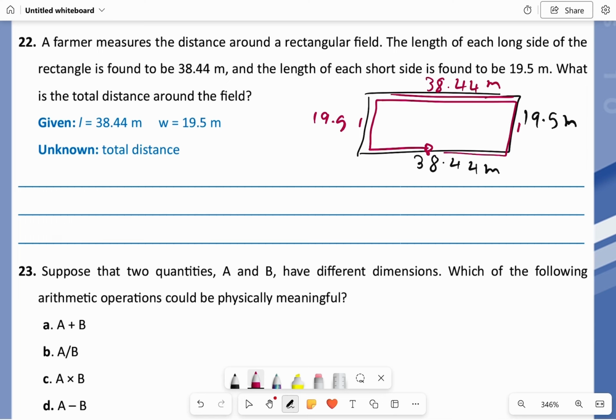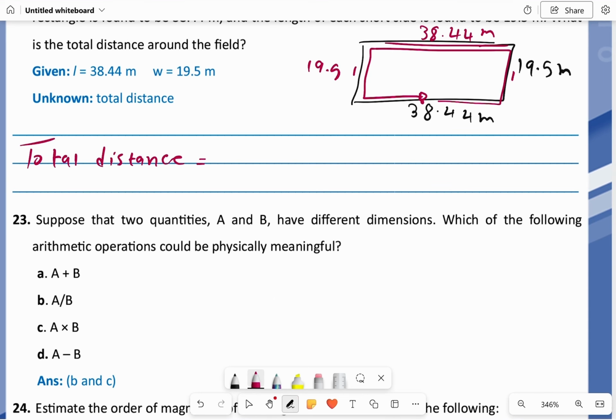Basically, add the total distance, so the total distance will be equal to 19.5 multiplied by 2 plus 38.44 multiplied by 2.